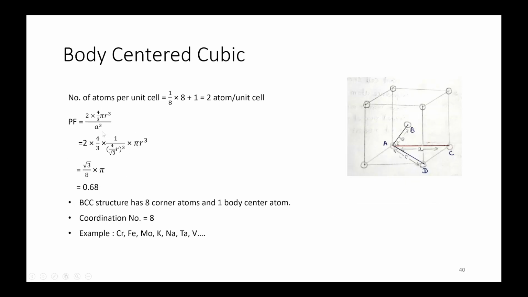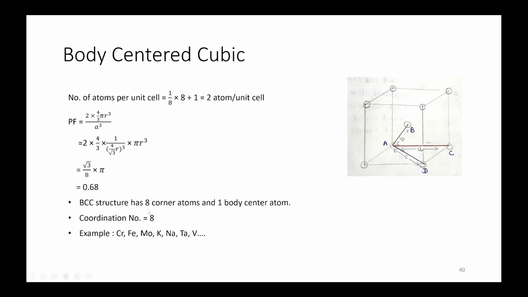In this case you have a equal to 4/√3 R. By simple trigonometry you can get these relations, and the packing fraction will be 0.68 in this case. So it is relatively densely packed compared to simple cubic.